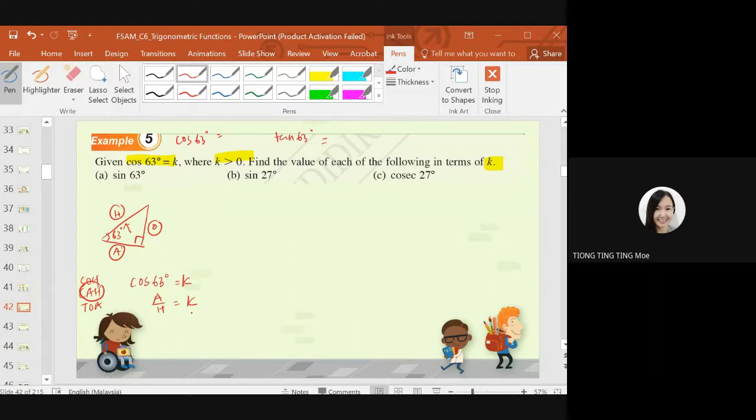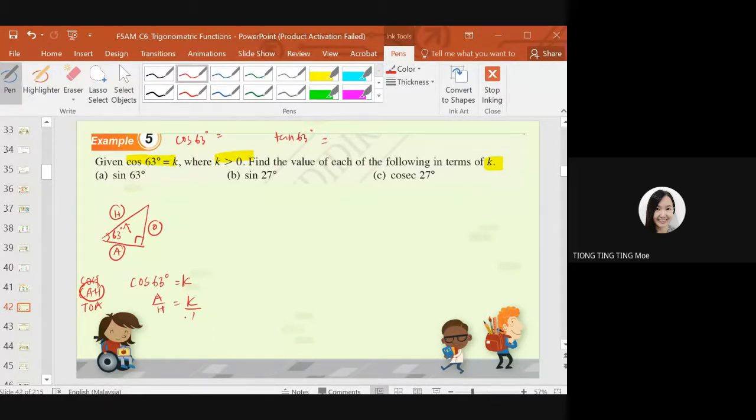A over H equal to k over 1. Proportional. The relation is A over H is k over 1. Why 1? Because there is nothing below, so we put over 1. Same thing, k equal to k over 1, right?